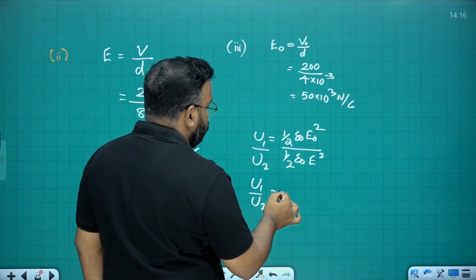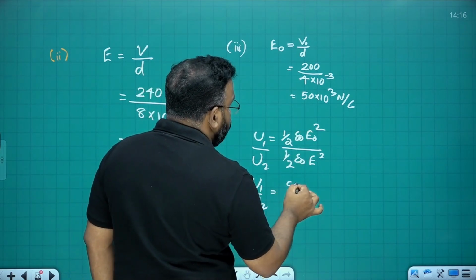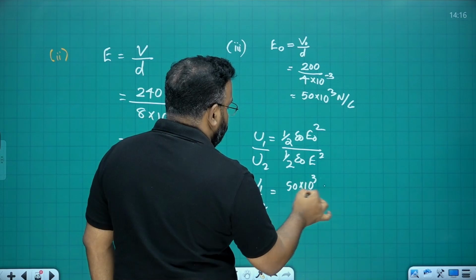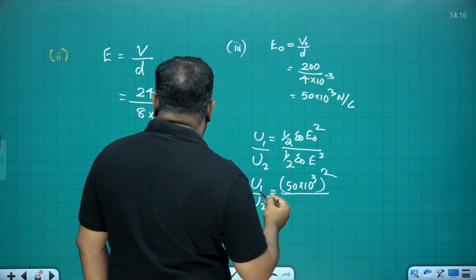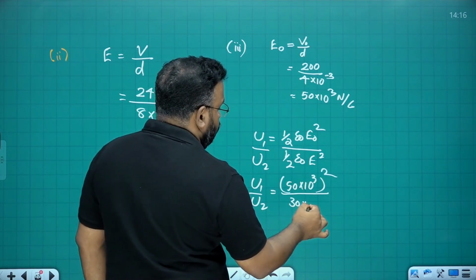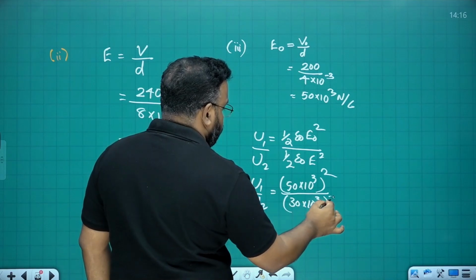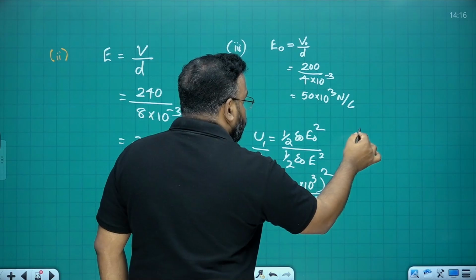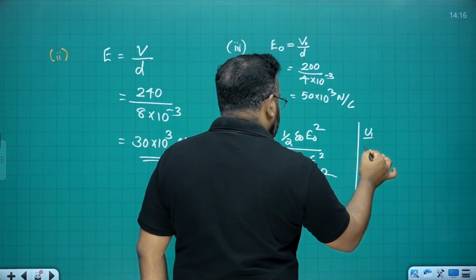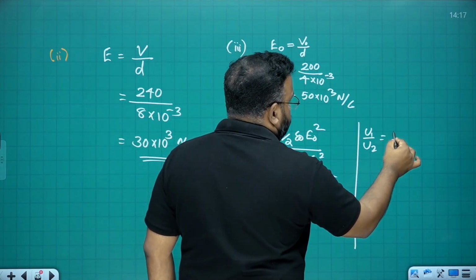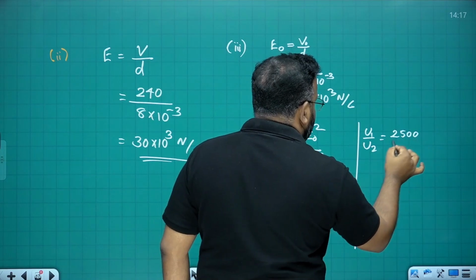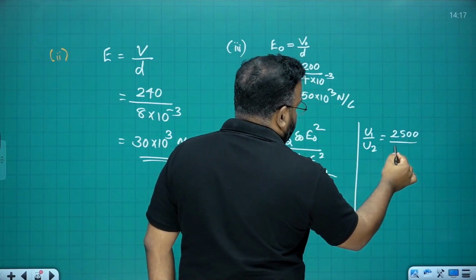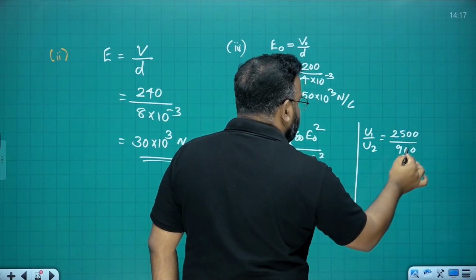So U1 by U2 is equal to 50 into 10 power 3 the whole square divided by 30 into 10 to the power 3 the whole square. So this 10 power 3 will be cancelled. So we get U1 by U2 is equal to 50 square, which is 2500, divided by 30 square, 900.